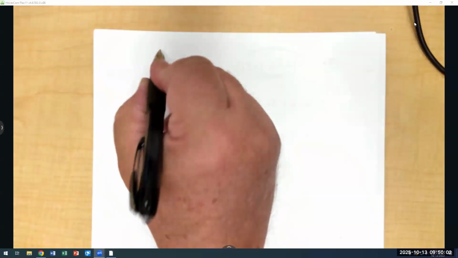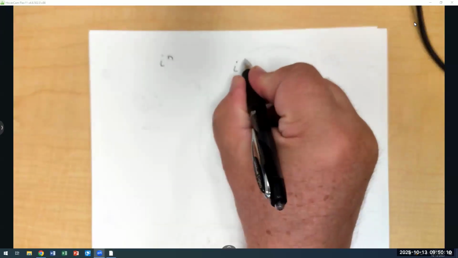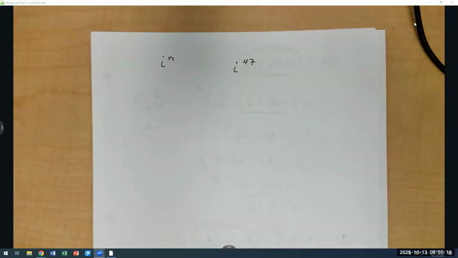We have a couple more things. We have division to do. That's even more complex because now we have to look at something called conjugates. But before we do that, we have another topic. i to the power n. If I gave you i to the 47th power, what would it be?